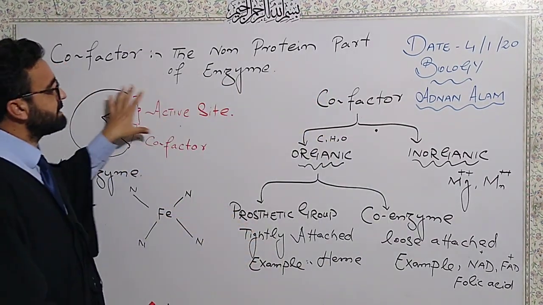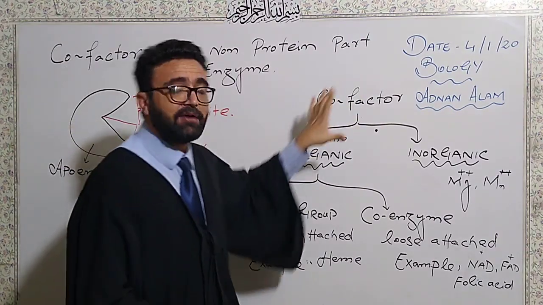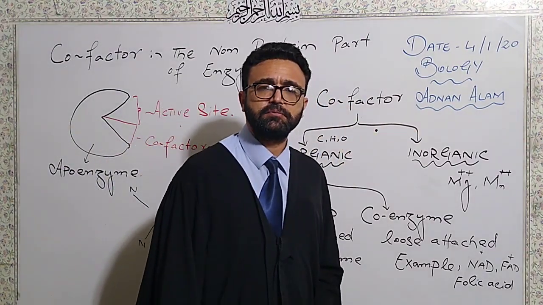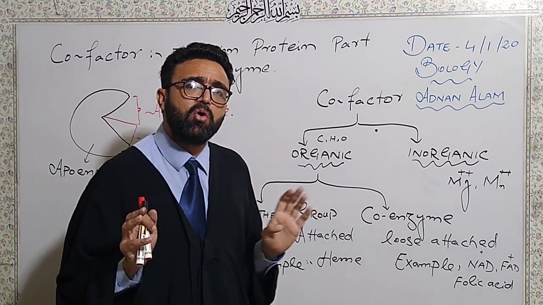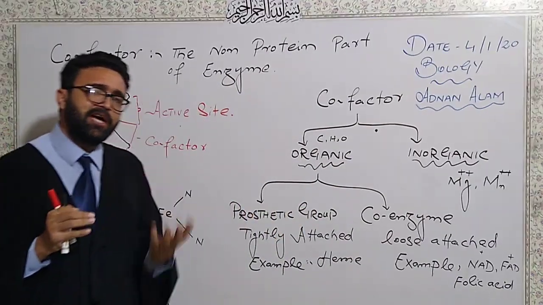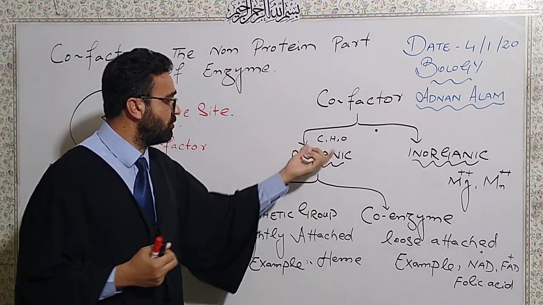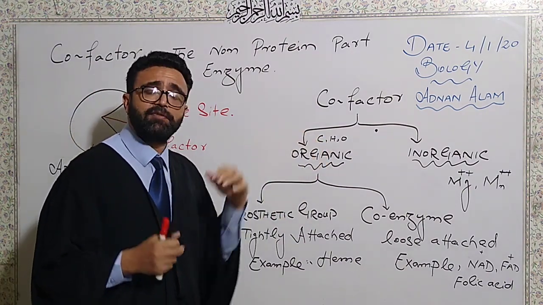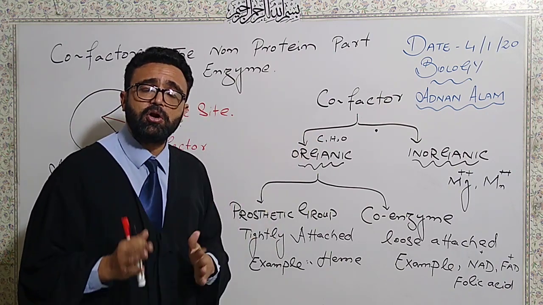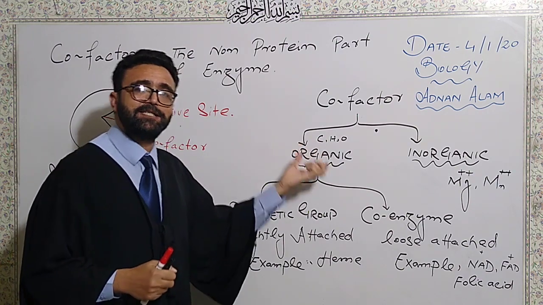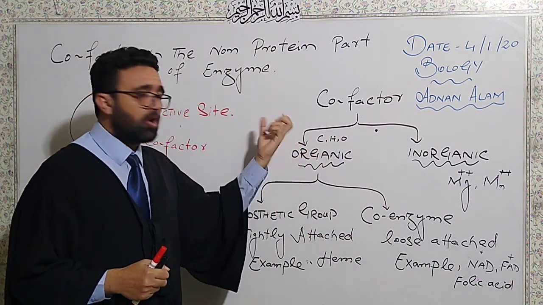So dear students, cofactors are of 2 types, organic and inorganic. I will not go into details about what is organic, but basically those compounds which consist of carbon, hydrogen and oxygen in specific proportions, we call these chemicals organic.